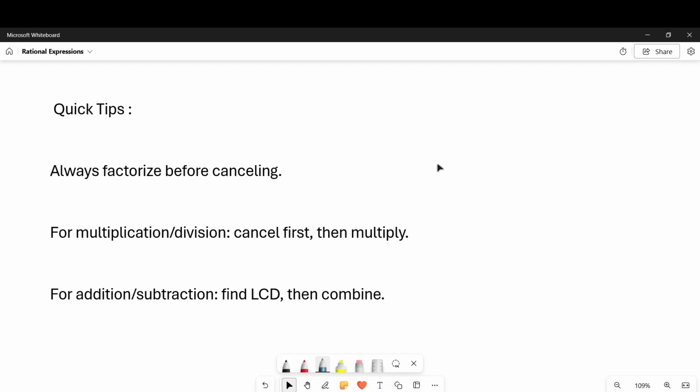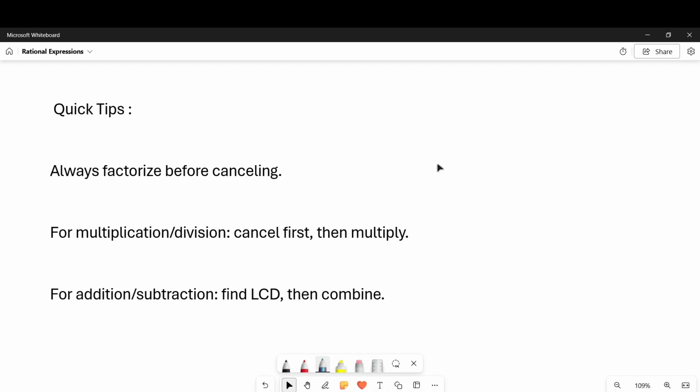For multiplication and division, cancel first, then multiply. Before doing the multiplication or division, first factor and cancel the common factors. Then go to the multiplication process with the simpler form.